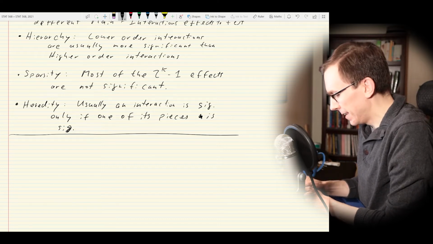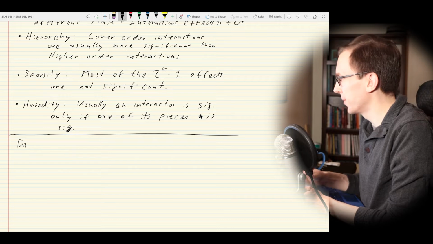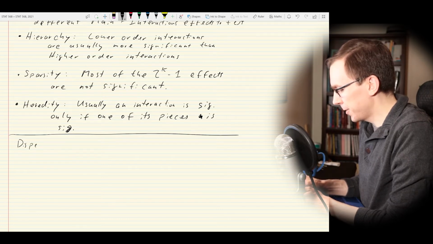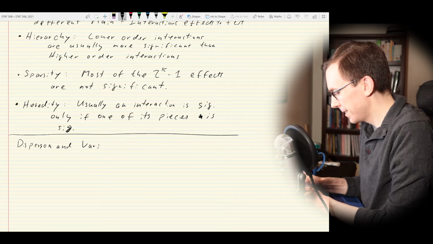So the next little section we're going to talk about is a little bit of a diversion from the factorial design, but it's a good place to talk about it, which is dispersion and variance homogeneity.